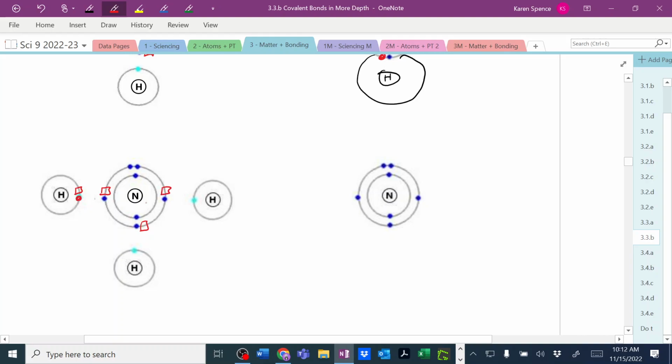So we're going to take hydrogen's electrons, and each hydrogen has 1 hole, and we'll fill them in. 1, 2, 3. Each of those came from a hydrogen.